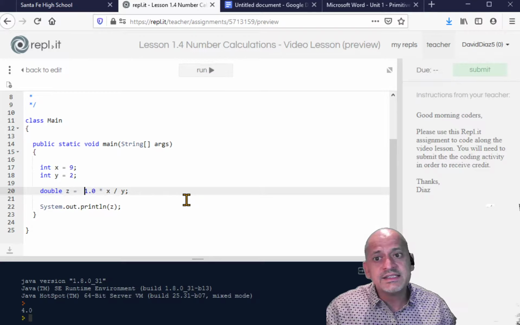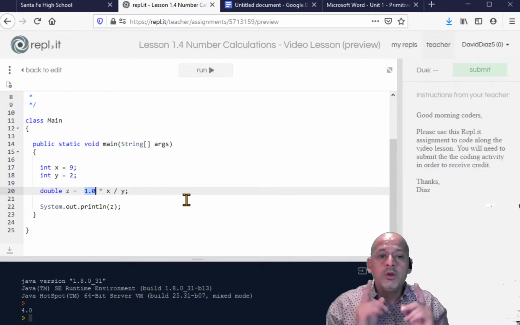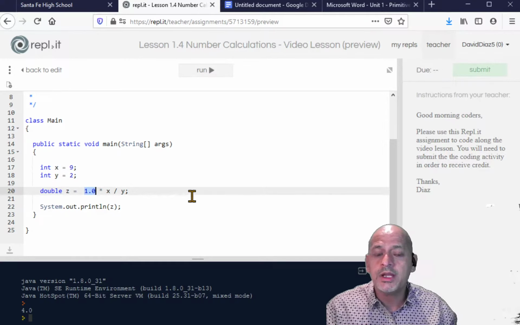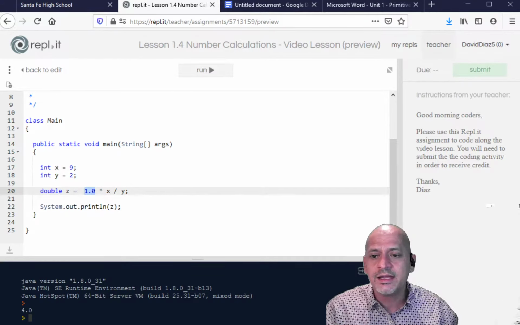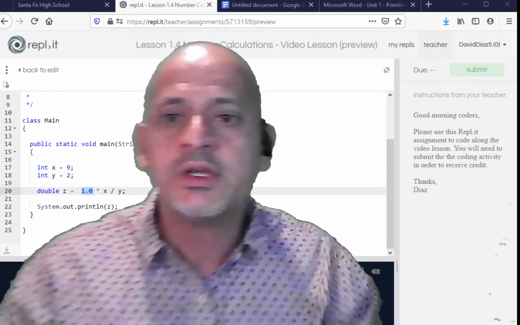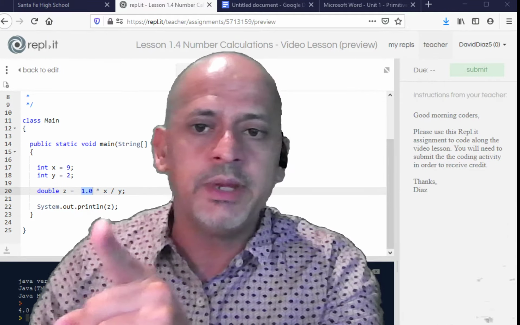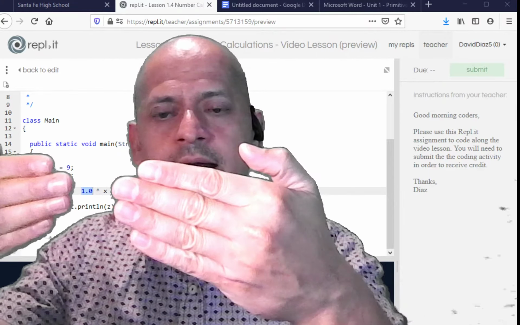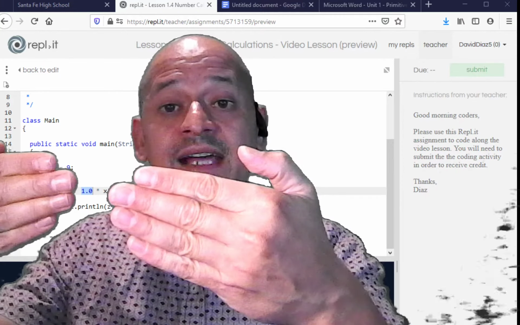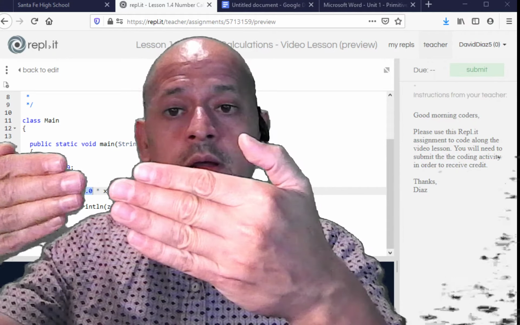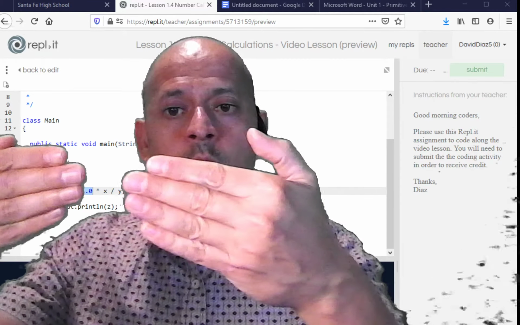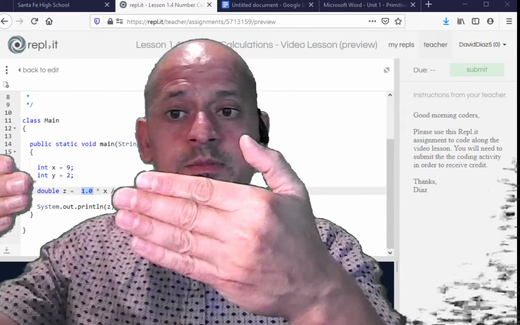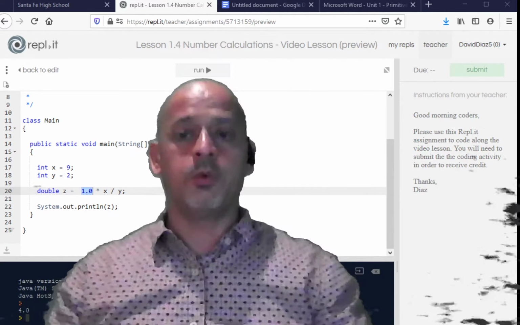And because this is a double, we know that by order of operations, PEMDAS, please excuse my dear Aunt Sally, this is going to be calculated first. This part right there, the 1.0 times x, which is a double. Then, because that's a double, once it gets divided by an integer, it is 4.5. And that gets stored into z, which is 4.5.